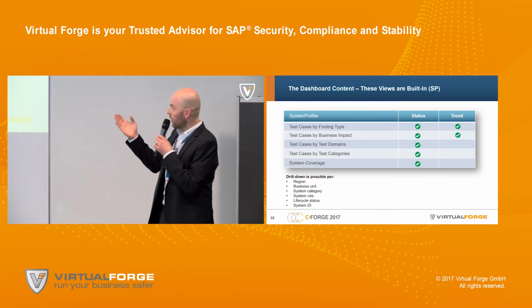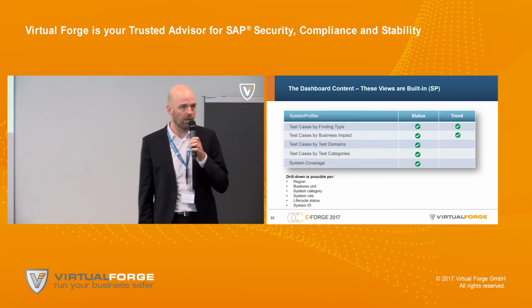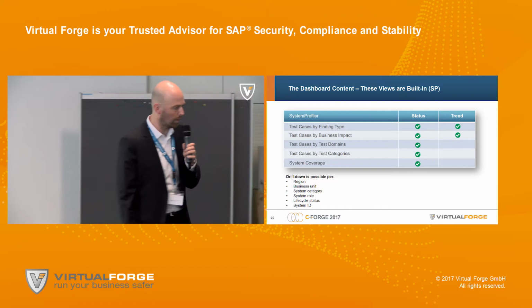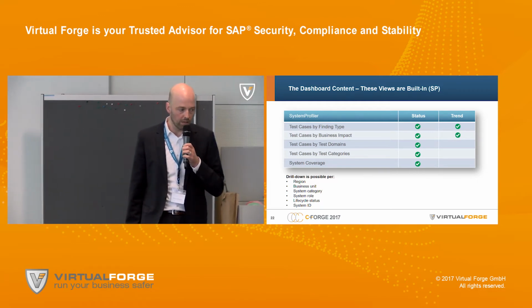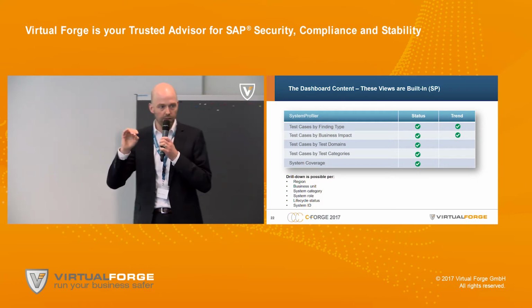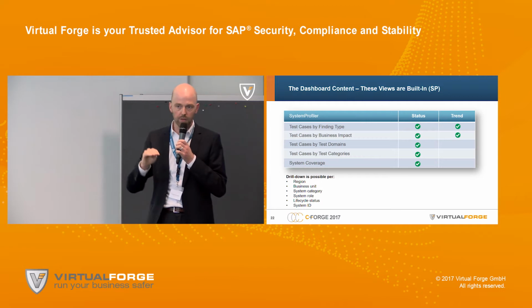Then of course we also have the test case domains, for example security, compliance, maintainability, performance, and so on. And test categories is the next drill down, which we don't have in CodeProfiler.